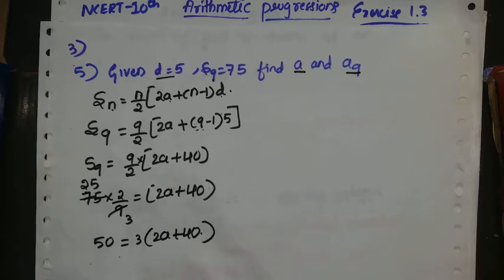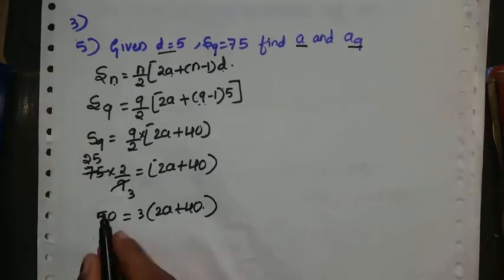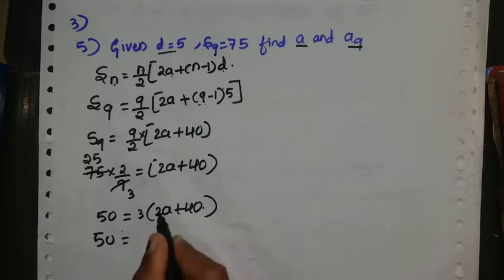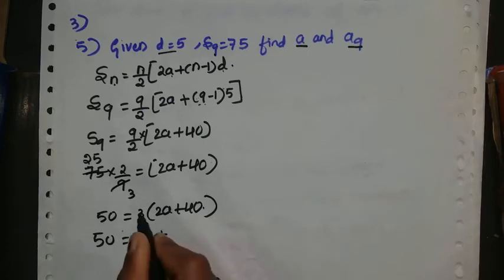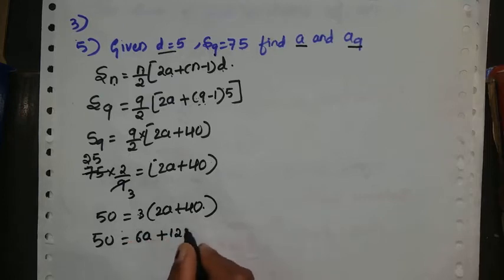This can be written as 50 is equal to 3 twos are 6a plus 3 forties are 120. I just keep 6a here only.